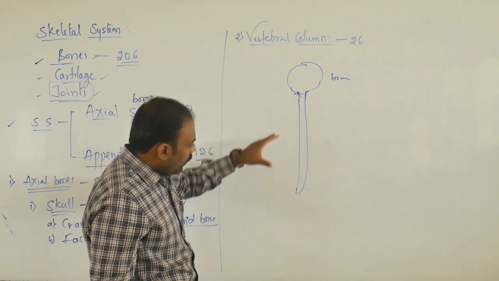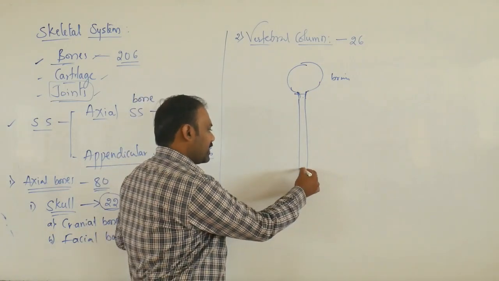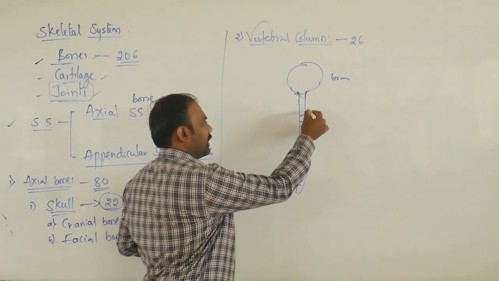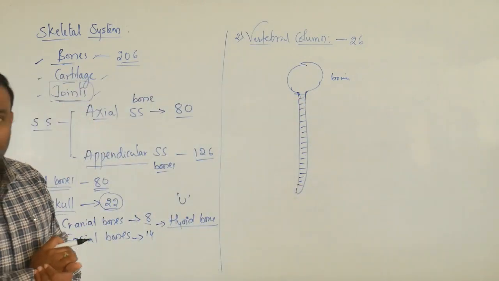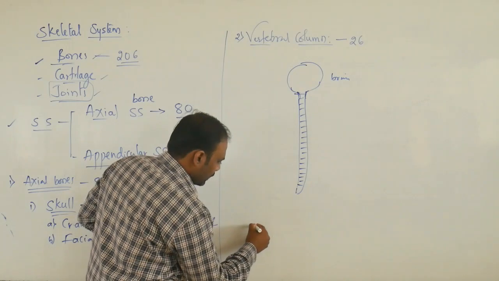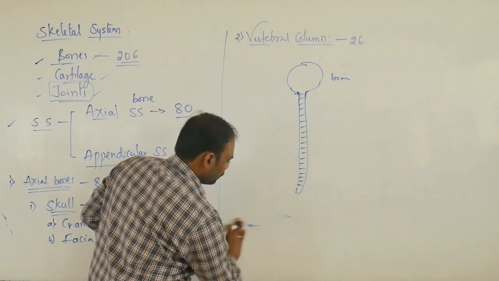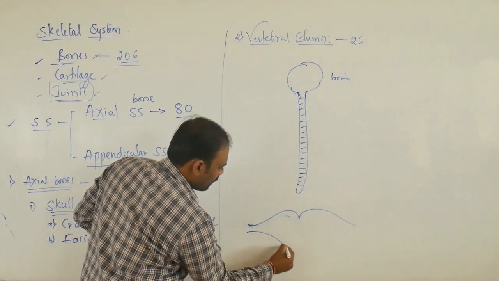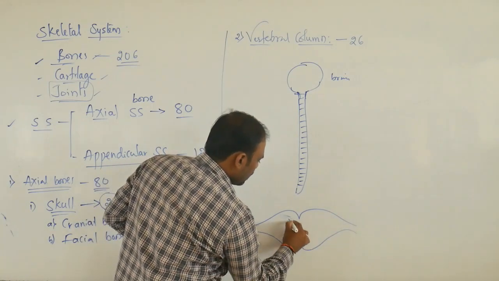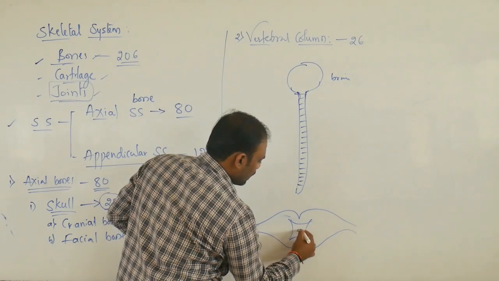And this whole vertebral column is again made up of small parts, considered as vertebral discs. So each disc will be like this. Yes or no?